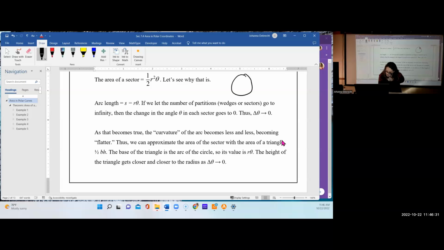So when we have some angle coming out from the circle, if the radius is r and the measure of this angle is theta coming from the center, it has to be a central angle, then we know that this arc length, which I'm going to shade here in blue, this curved section of the pizza slice, is what we call S, and it's equal to r times theta.